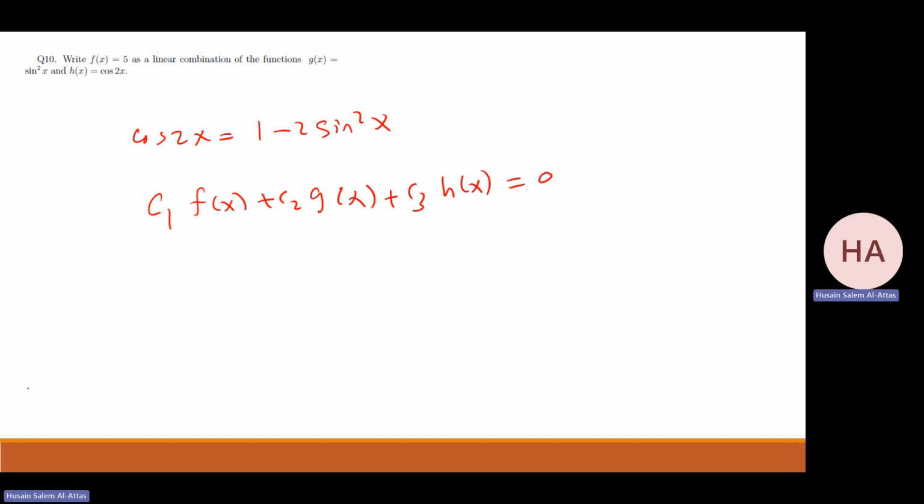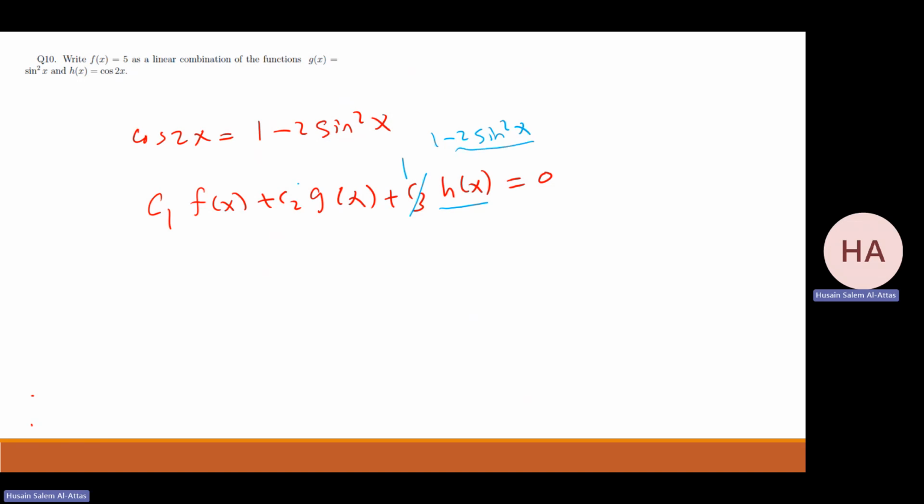So now this is g, this is h, and I choose this to be 1. So I have 1 minus 2 sine squared x, which is cosine 2x.